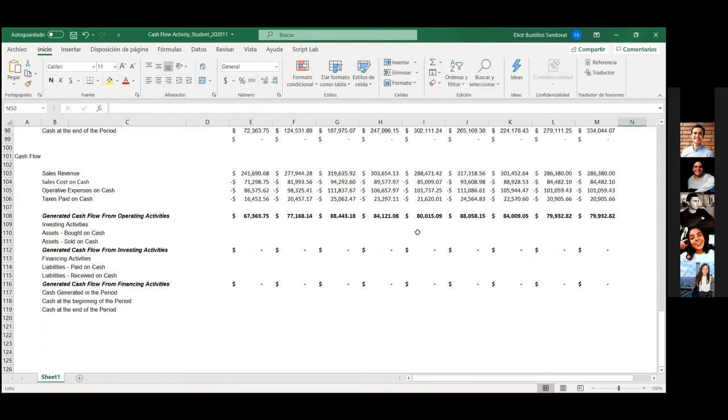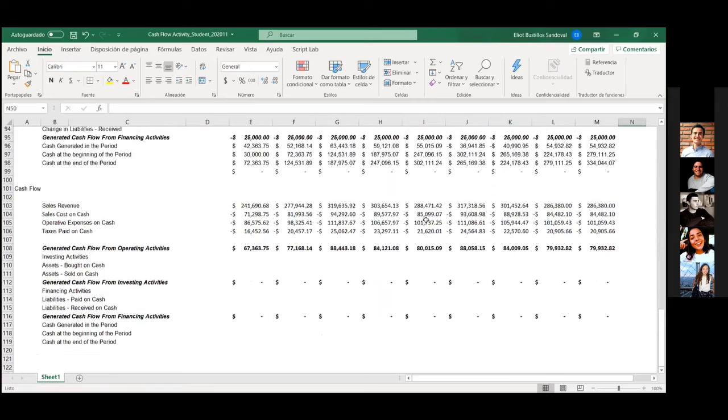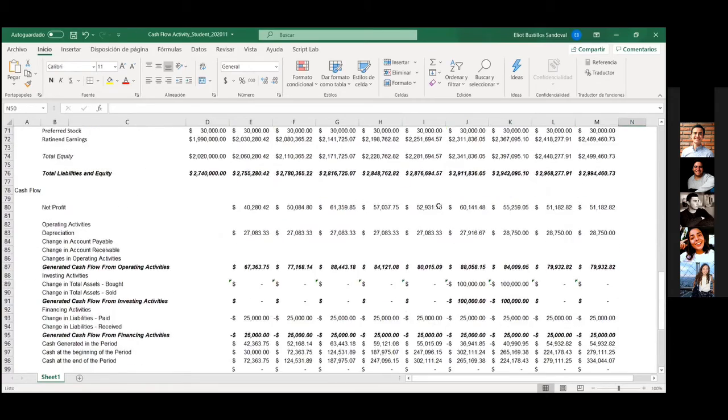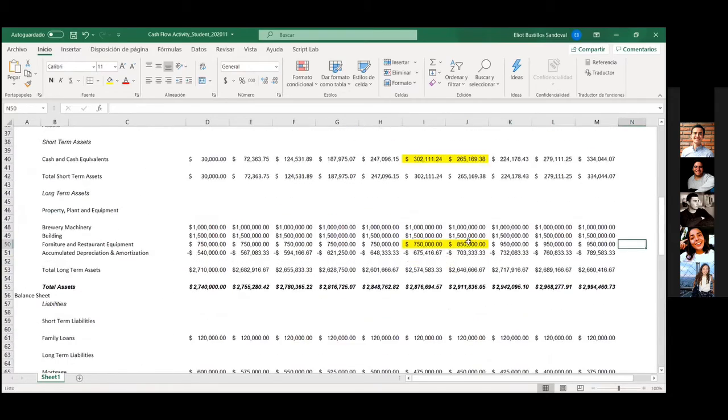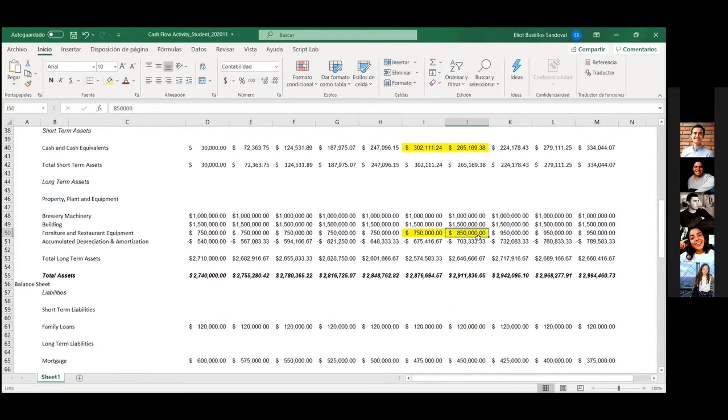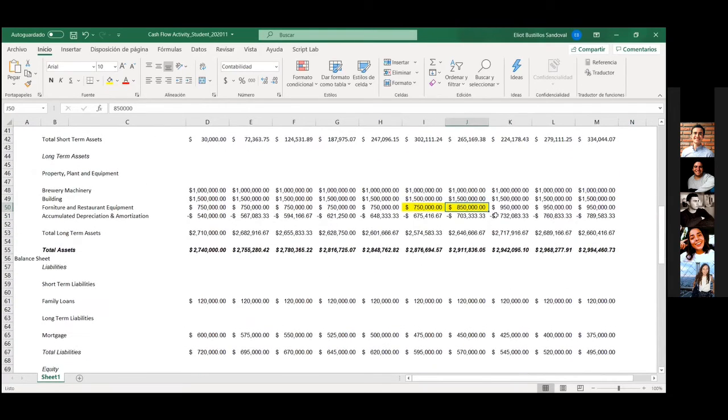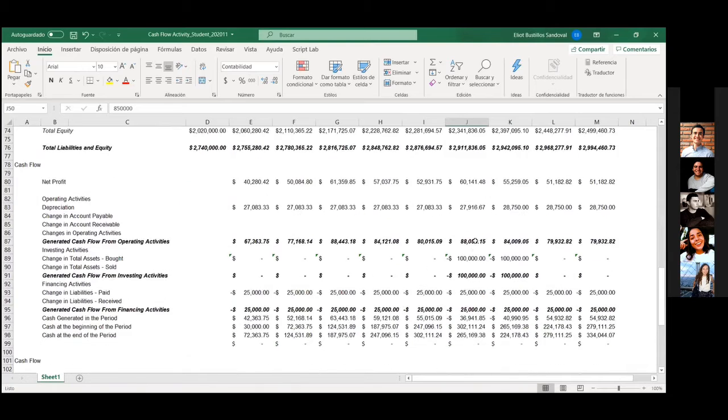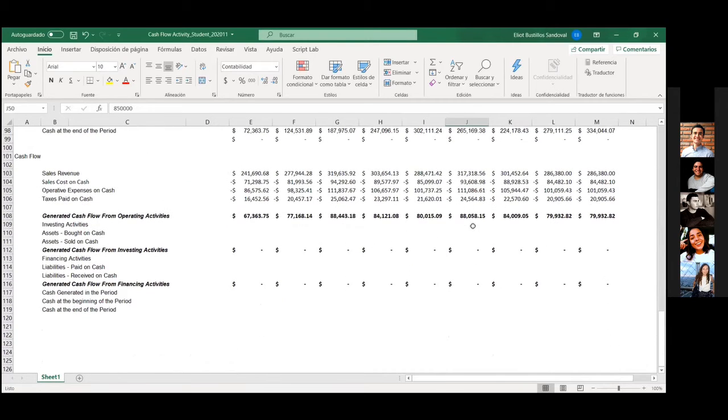Right here. No, it's in the period where the asset increases. It's that one and the other one, 850 and 950. So just write down the one. What was the investment on assets? It's 100,000.